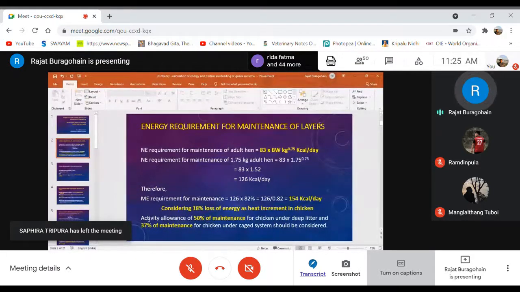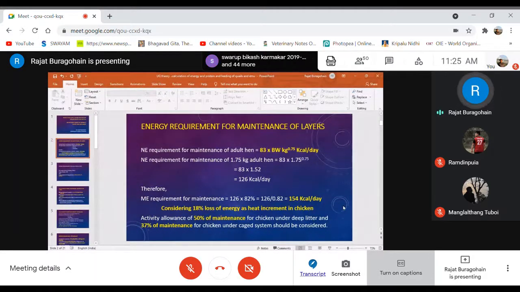But under the deep litter system of management, there will be tremendous activity of the layers. They may fly, they may run, they may move here and there. Therefore, the requirement for activity will be more under the deep litter system, and this you have to consider.